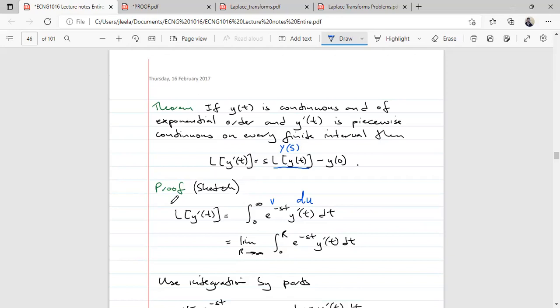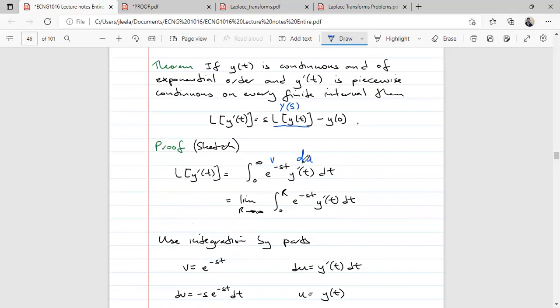Well, you know that the Laplace of y(t) is Y(s). So now we want to look at the proof of this. So we use the basic definition again of the Laplace. So the Laplace of y derivative t is the integral between 0 and infinity of e to the minus st times the function, which is y derivative t.